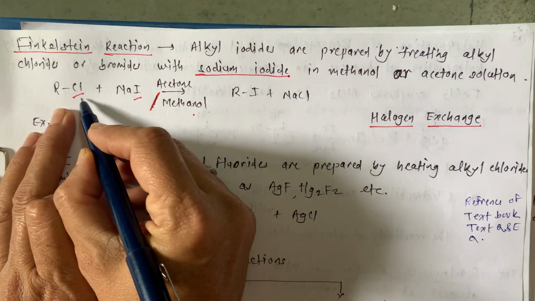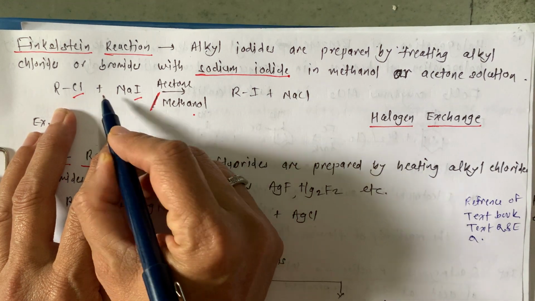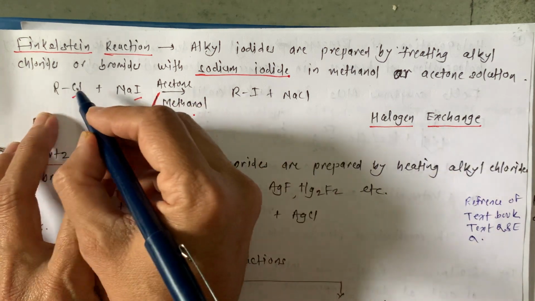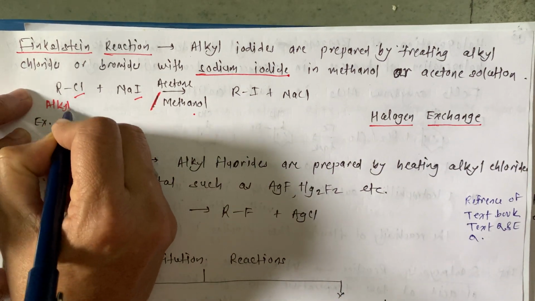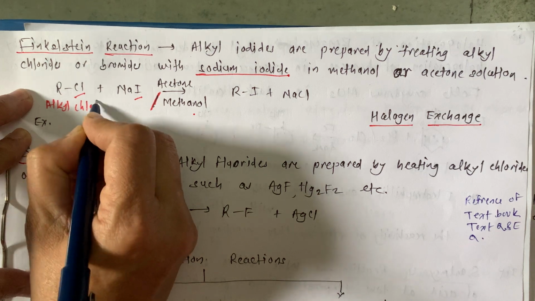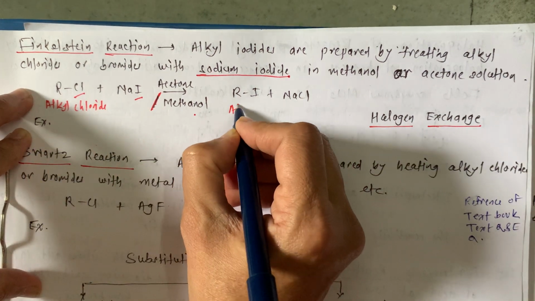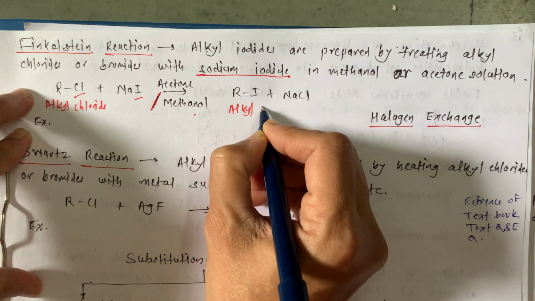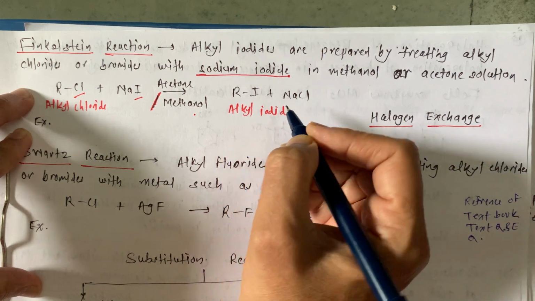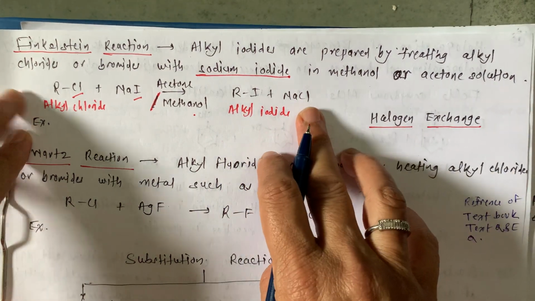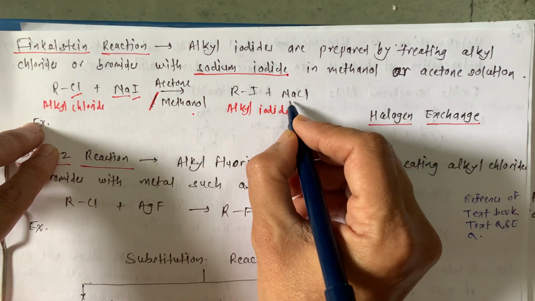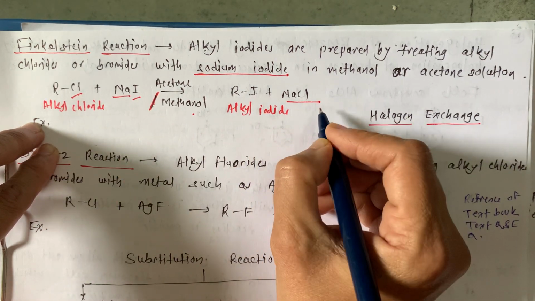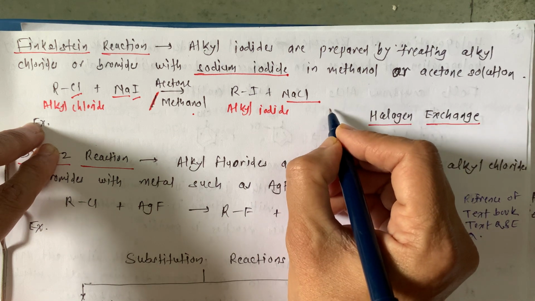Chlorine is replaced by iodine, so from alkyl chloride we get alkyl iodide, and the byproduct is whatever remaining sodium reacting with chlorine, forming NaCl, sodium chloride salt.